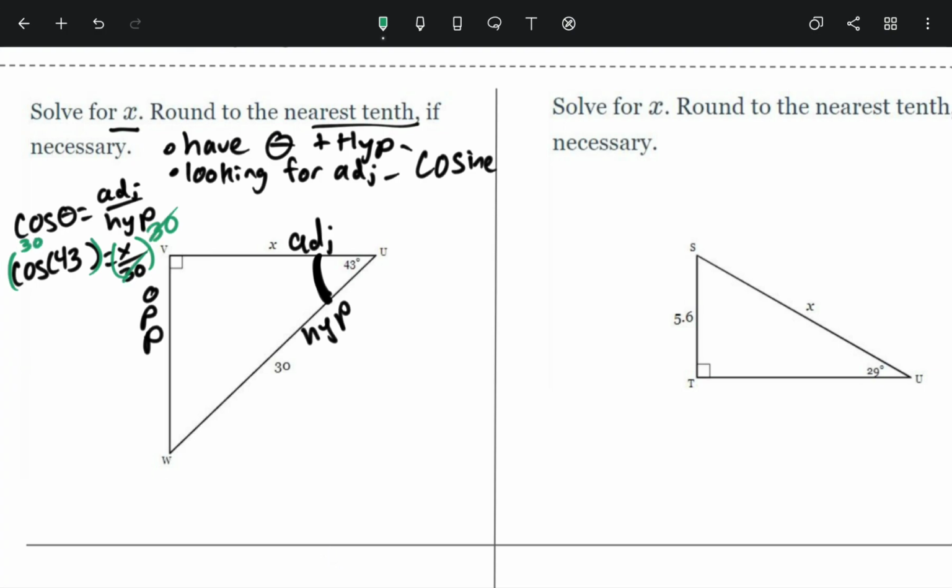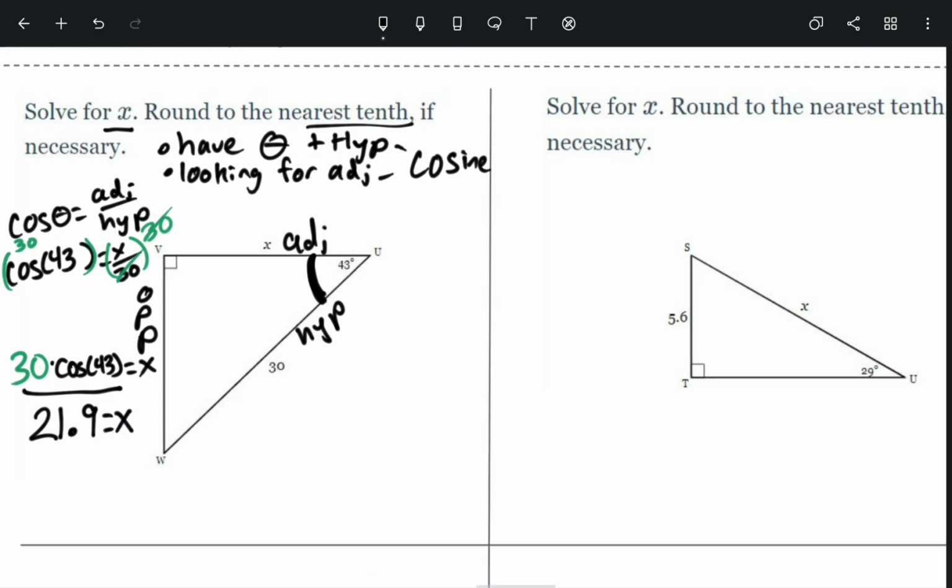So now we have 30 times cosine of 43 equals x. And you can plug this all directly into a calculator, and that will give you about 21.9 equals x. And we are done with that. Not too bad.